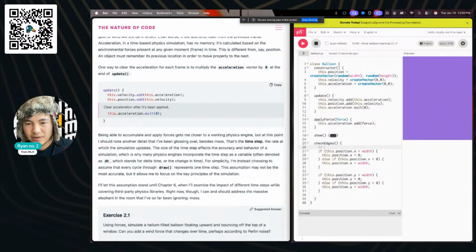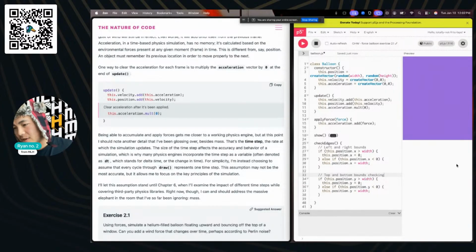So first off, this dot.position.x is the left and right bounds checking, and so this must be the top and bottom bounds checking. Happy to help, Dominosaurus.